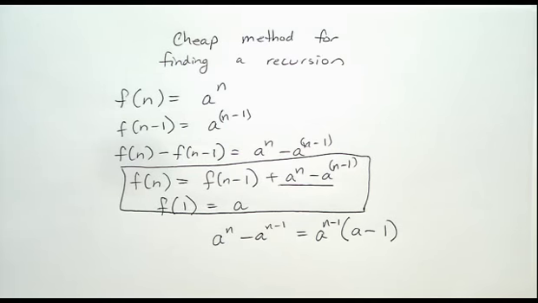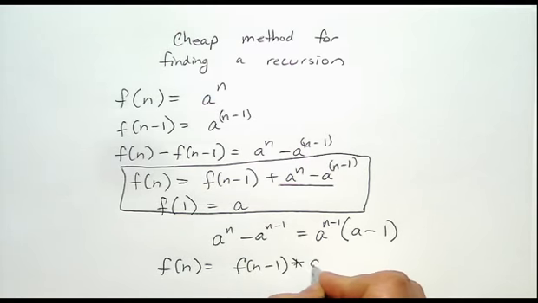Multiply it by a. So a better way is f of n is equal to f of n minus 1 times a. Now I've saved some calculations because I'm not doing any exponents, right? I'm just using a stored prior value and multiplying it by a, which is a lot less computation.